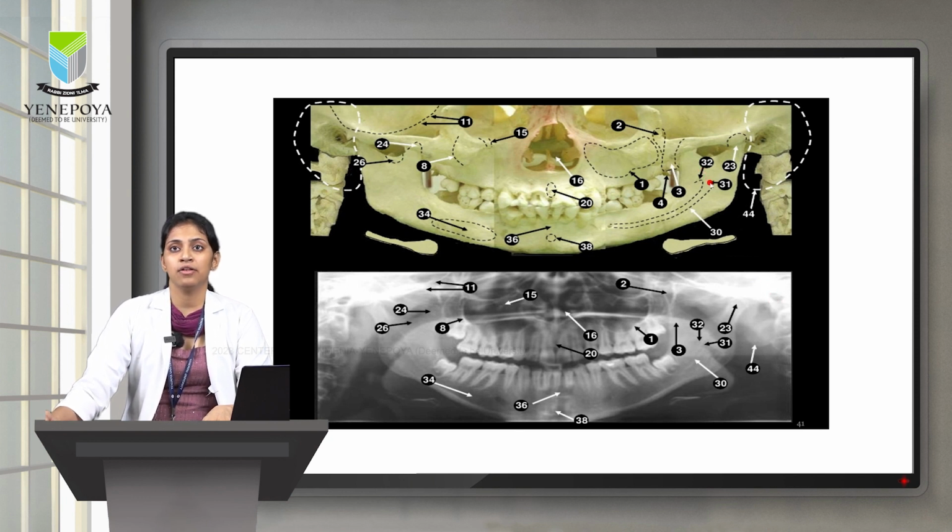Here we can even locate the mandibular foramen as represented by 31, the canal 30, it is a radiolucent band traversing downwards into the body of the mandible, and this radiolucency is representing the mental foramen. As you can see, it is opening below the roots of mandibular premolar.